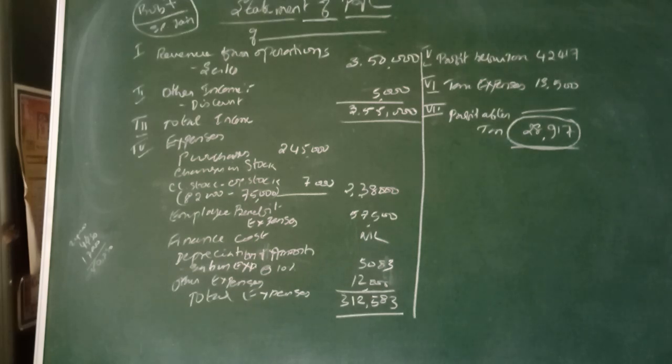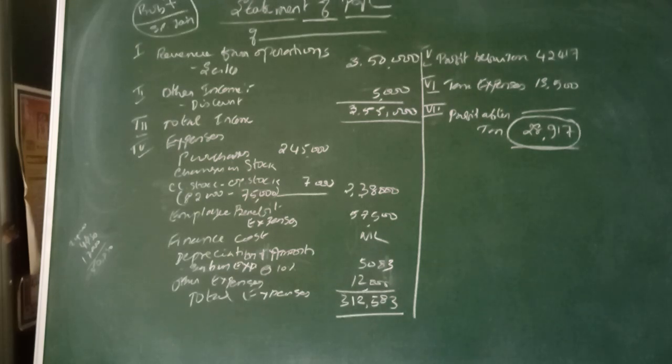Whereas here what we are going to do is show the amount of depreciation that we are calculating. See, in this problem it is given as 10%. So we have to calculate 10% on what? On all fixed assets. You know very well, depreciation is calculated only for fixed assets.